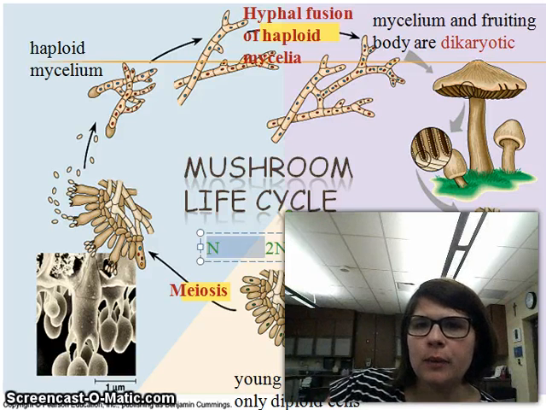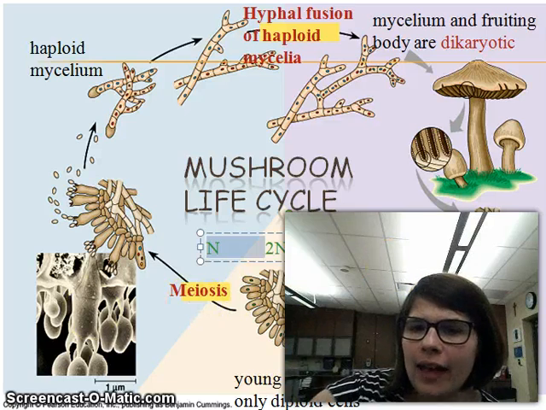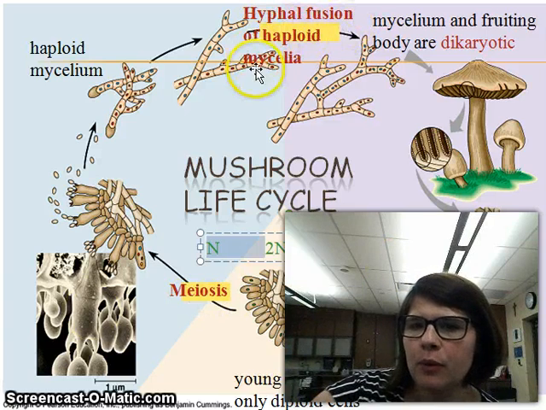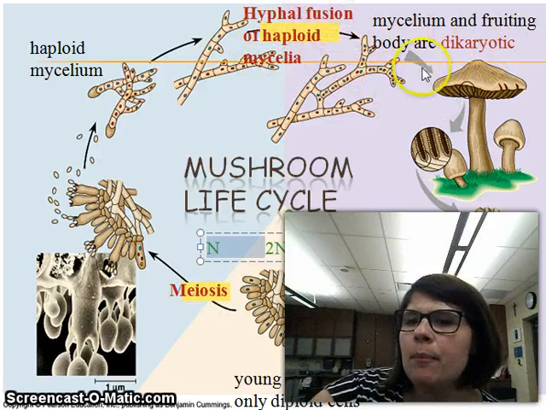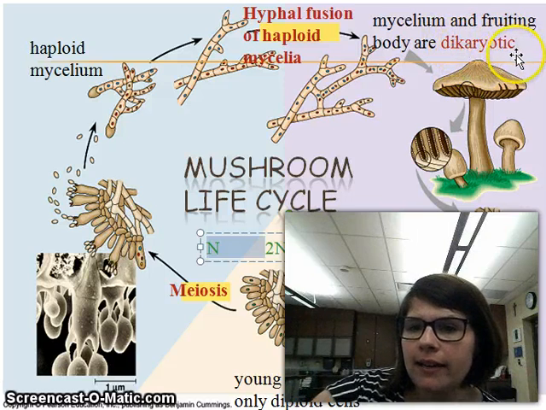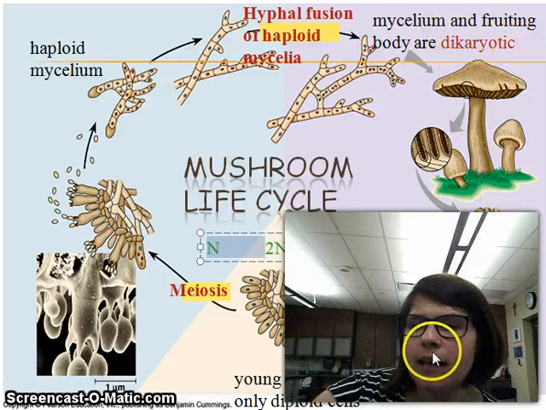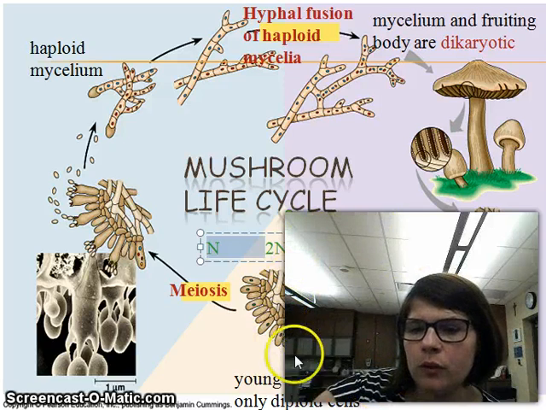Dikaryotic is N plus N, which is actually different than 2N. And eventually, we're going to have a nuclear fusion. So at this point, we have N plus N. We have that fusion of the haploid in the mycelia. But right now, they're dikaryotic. We have not fused that nuclei. And once we fuse that nuclei, we become 2N.